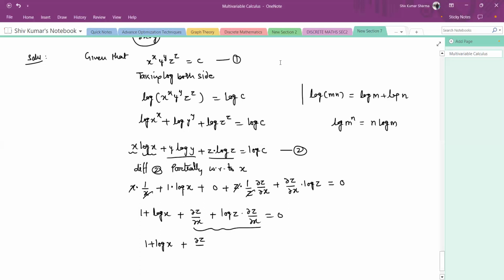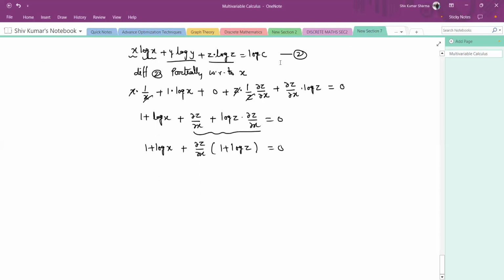So when we take common del z upon del x, we can write down 1 plus log z is equal to 0. So the value of del z upon del x will be minus 1 plus log x upon 1 plus log z. So this is our equation number 3.